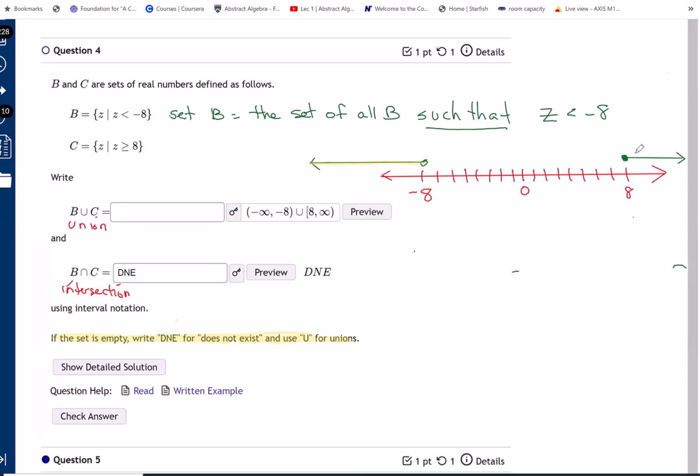Then I also have from 8, including 8, notice the square bracket, to infinity. I connect them. This union sign is another way of saying plus, because I'm adding both of those intervals together to make my final solution.